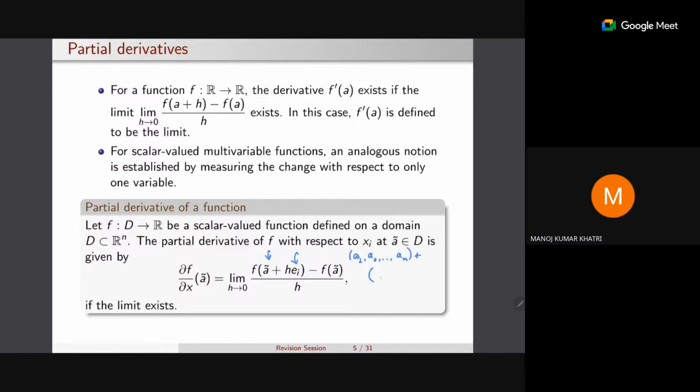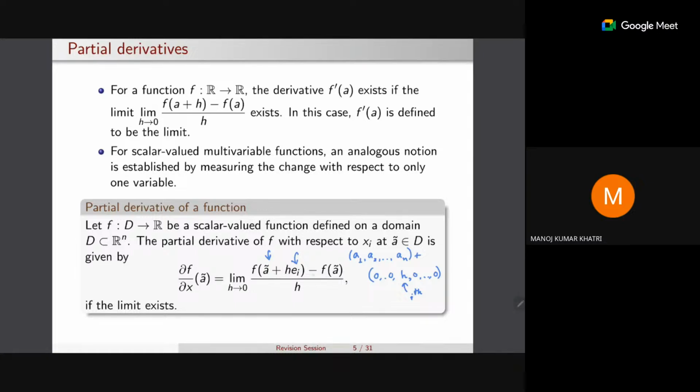And what I'll do is I'll only add something at the ith coordinate, which can be written as h ei. So this (0, ..., 0, h, 0, ..., 0) can be written as h ei. And the input changes only in one variable, which is the ith variable.